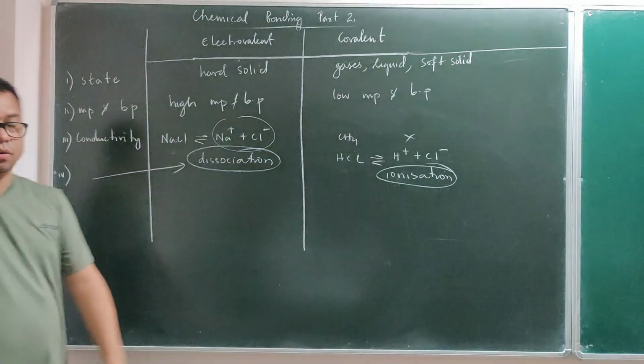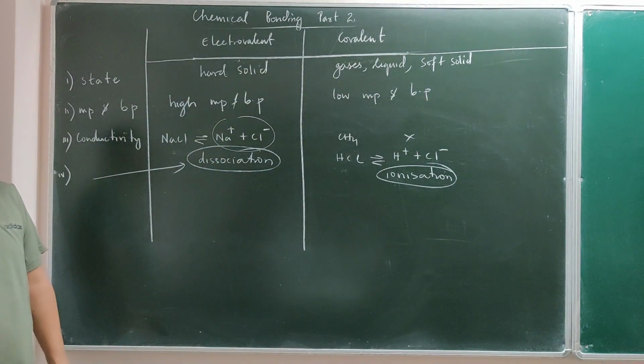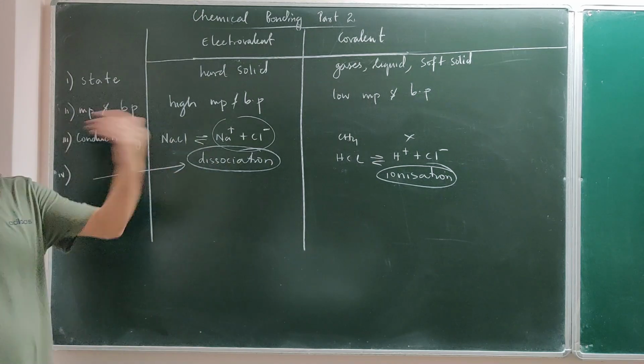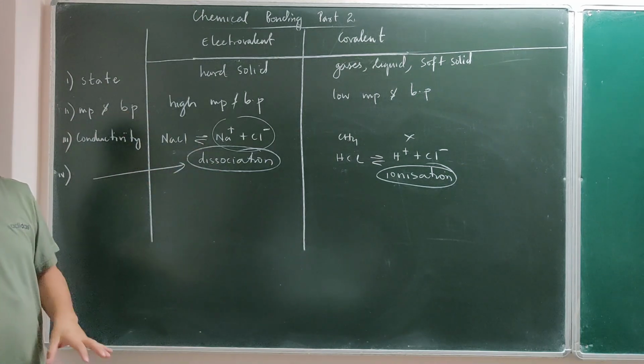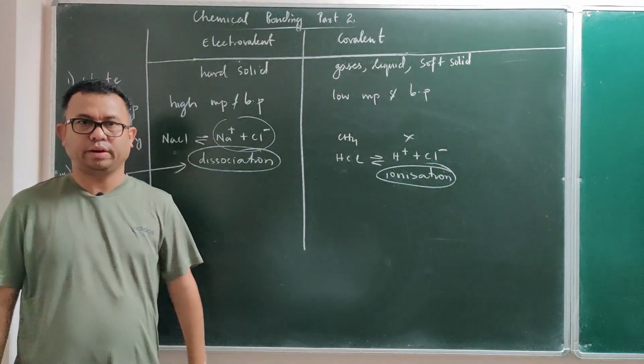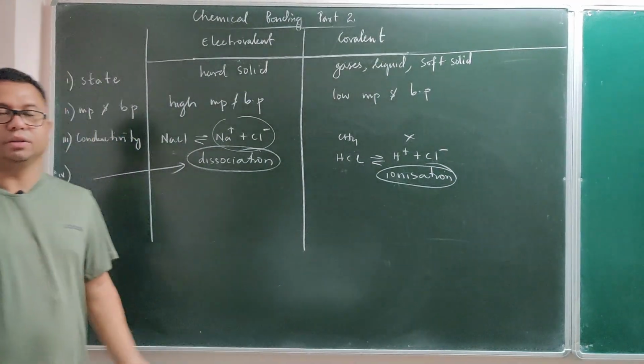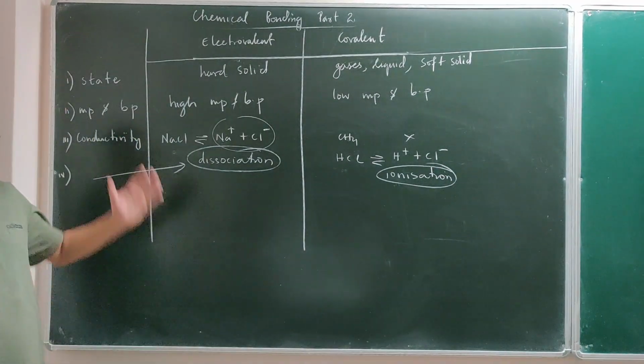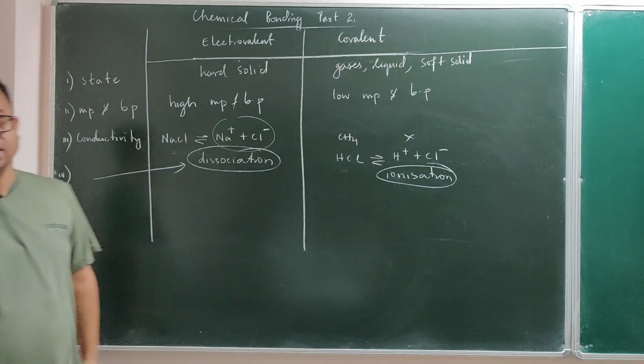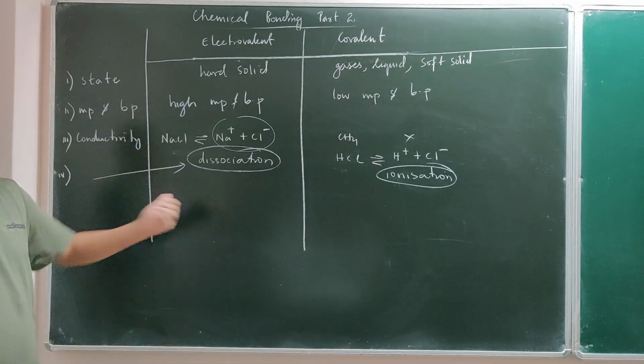So with this we have completed the chapter. There are many differences between electrovalent and covalent compounds. If possible, I'll put a PDF link in the description so you can download it and read the differences. Here I have discussed them as properties, but you can also take these four as the differences between the two.